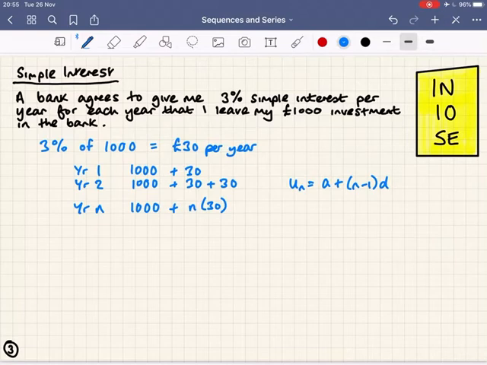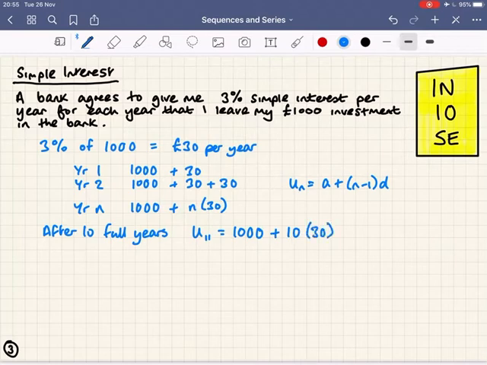So if I wanted to calculate how much after 10 full years, this is effectively the amount that I'd have at the beginning of the 11th year. So my un here would be U11, isn't it? My starting amount 1,000 plus 10 lots of the difference, which is 30 each year. So I'm getting 1,300 altogether at the end of that time.